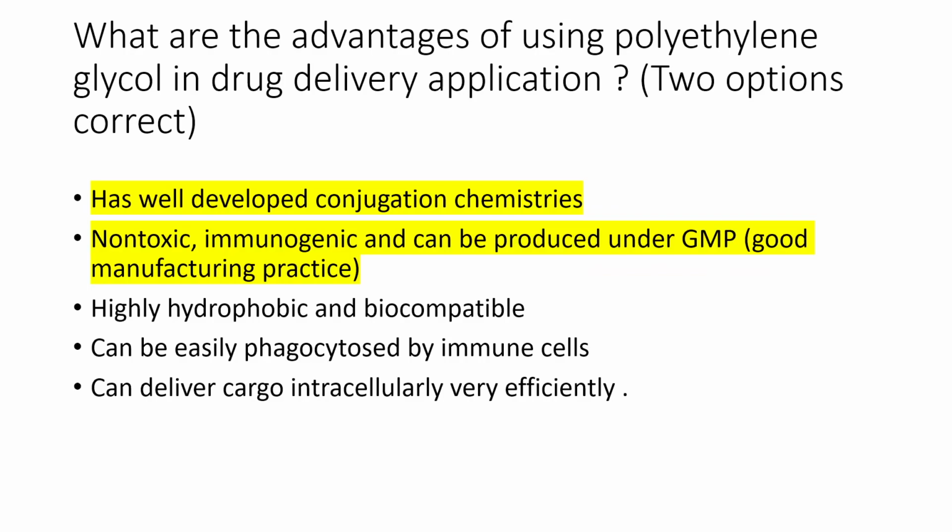Sir, for this question, I have marked two answers, but only one answer was correct, and I got 0 marks, sir. I ticked non-toxic, immunogenic, and can be produced under good manufacturing practice, and another option I ticked was highly hydrophobic and biocompatible.